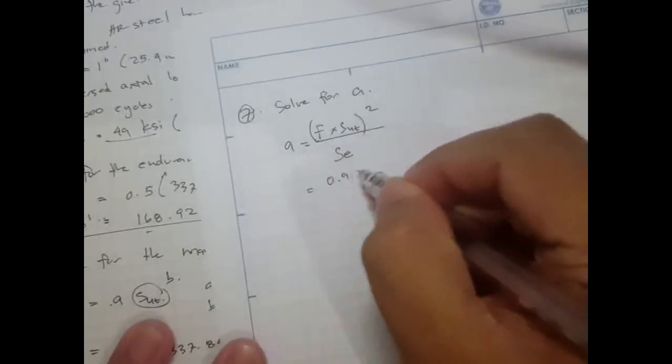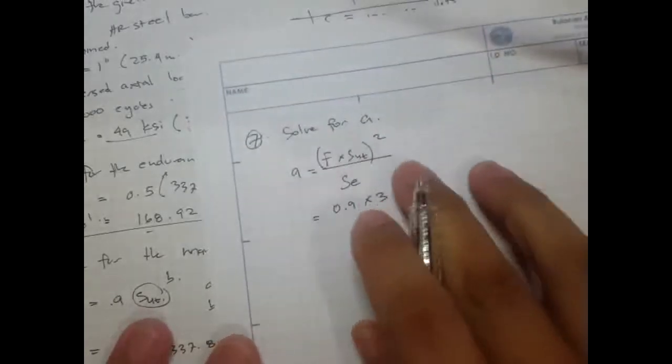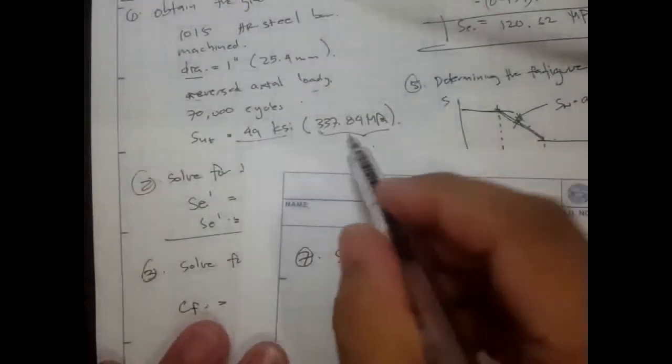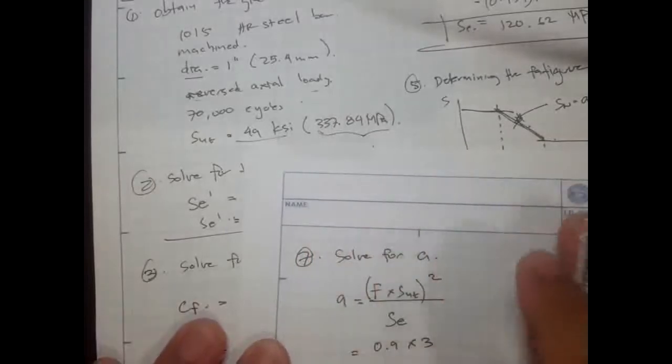It is 0.9 times our ultimate tensile strength, and we can use megapascals.